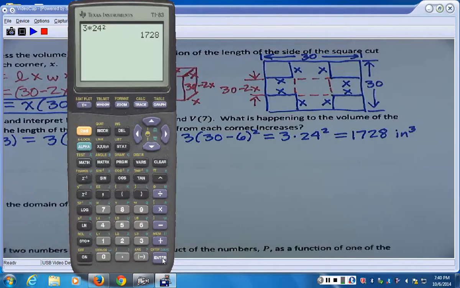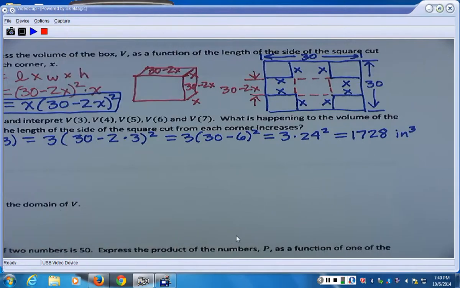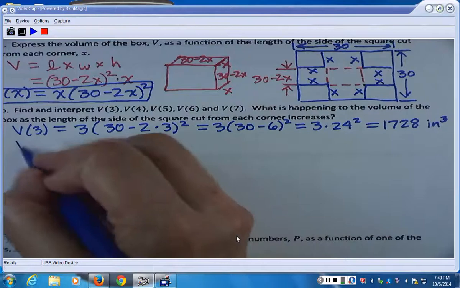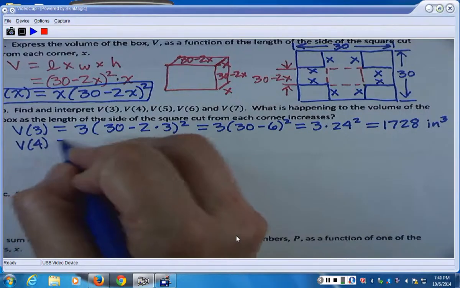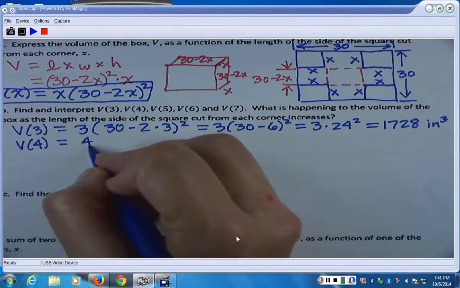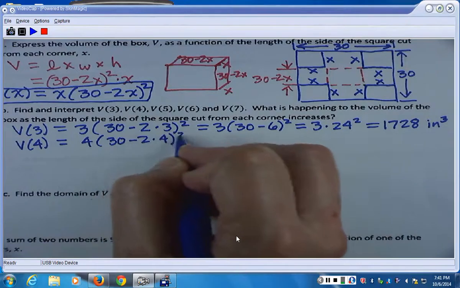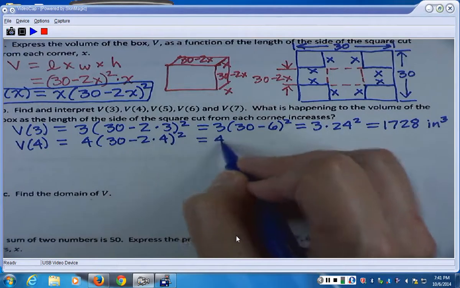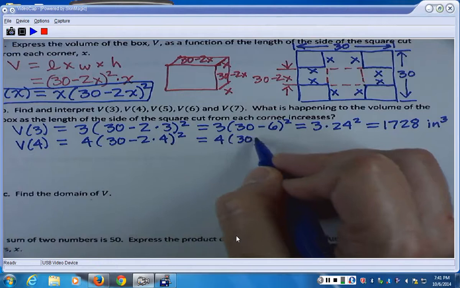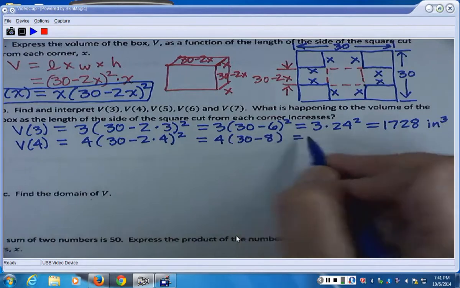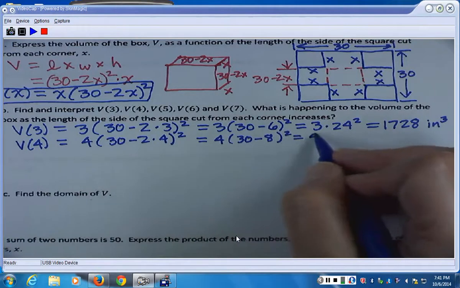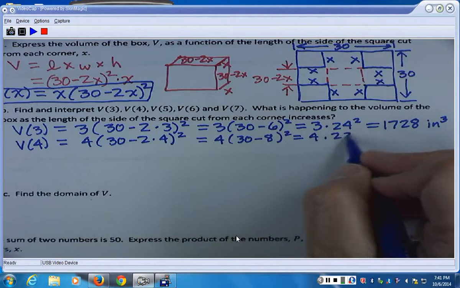Okay. So what happens when you find V of 4? We have 4 times 30 minus 2 times 4, squared, is 4 times 30 minus 8 squared, is 4 times 22 squared.